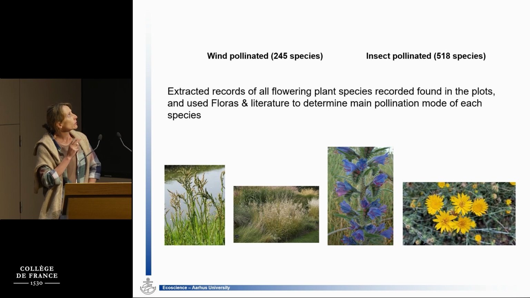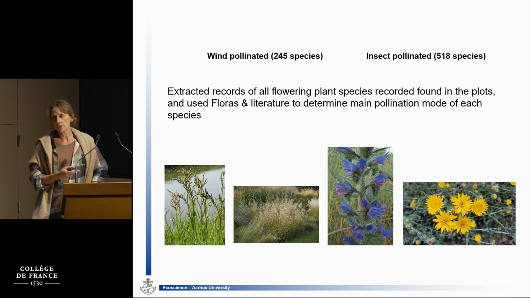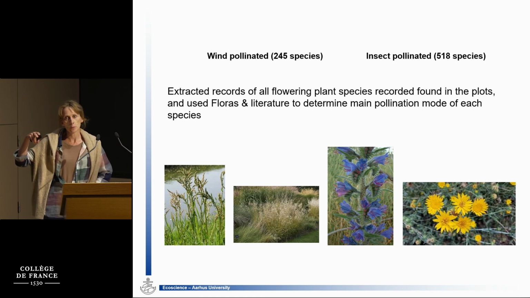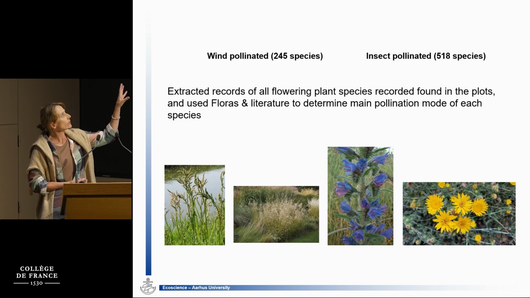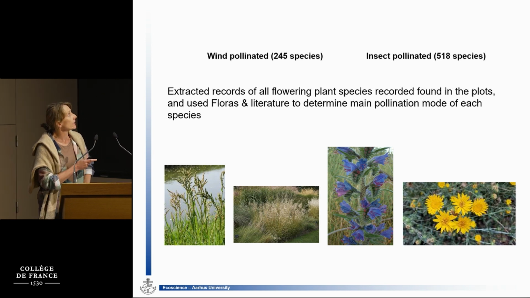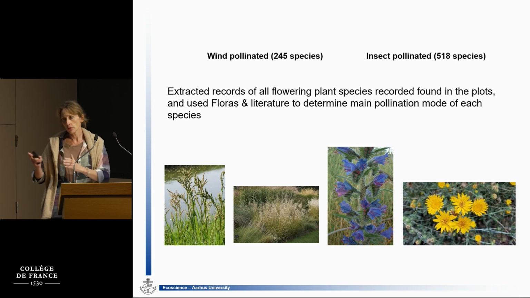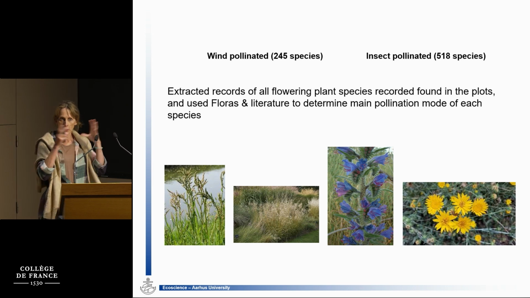And then we used local, national, and Nordic floras to determine the main pollination mode of each of these 790 species. Then we divided them into mainly wind-pollinated species or mainly insect-pollinated species. The wind-pollinated species are both grasses, but also herbs and forbs that are wind-pollinated. They were pooled together.